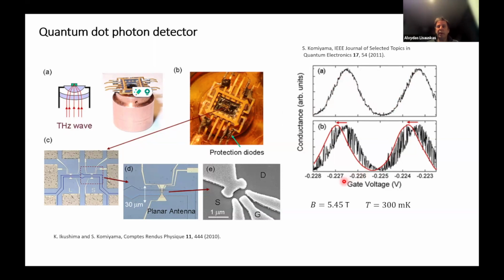Once we apply terahertz radiation, one can see that this characteristic changes with spontaneous events, where single photon counts are happening. So that also allows us to create quantum sensors based on a different principle.